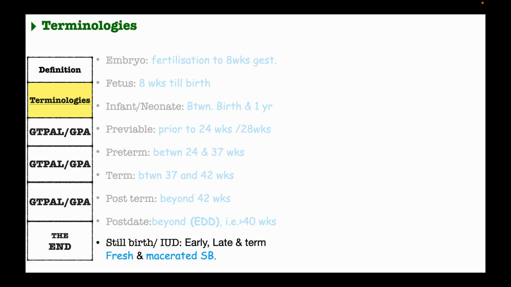Or we can have a term stillbirth, which occurs at 37 weeks or more. Then also we have other definitions such as the fresh stillbirth and the macerated stillbirth. What do they mean?